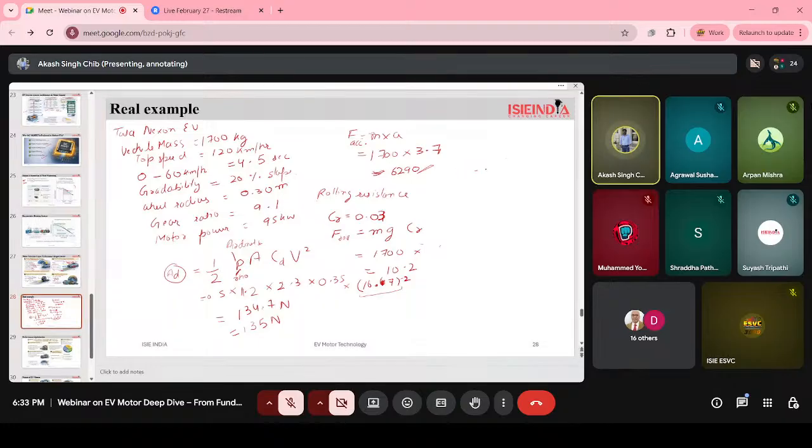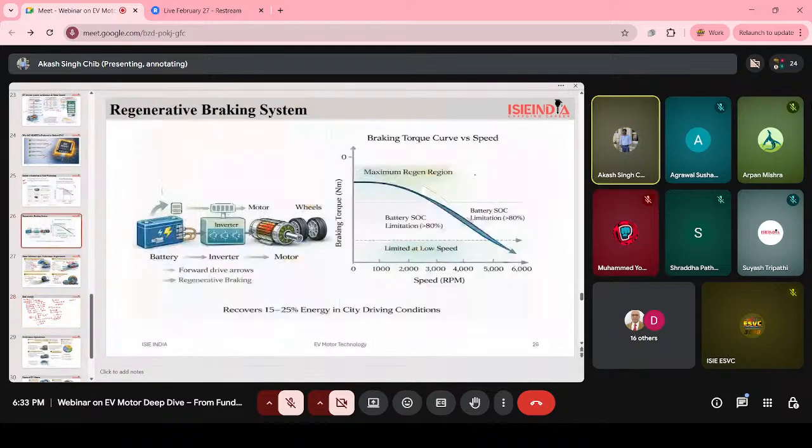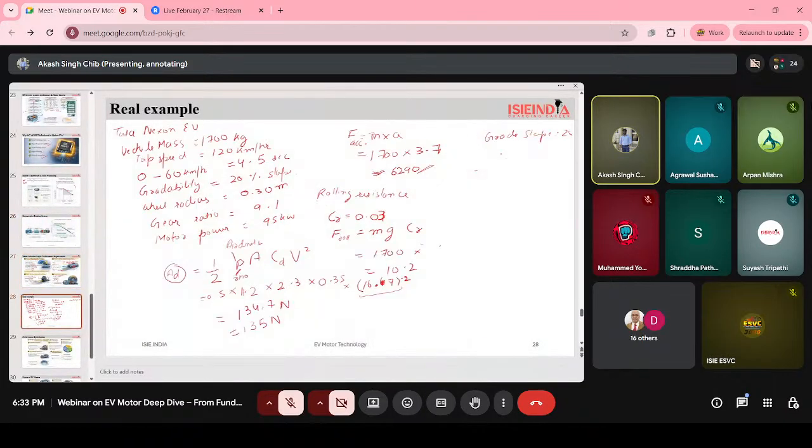Then the gradability slope we have taken. Gradability slope is 20%. I have taken around 20%, which means there is a slightly sloped area. So what is the formula to calculate the gradability?